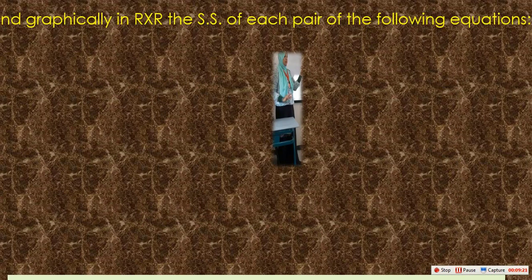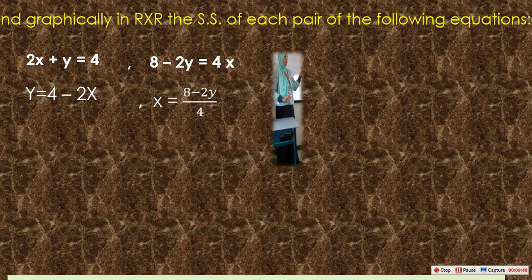Find graphically the solution set of each pair of the following equations. 2x plus y equals 4. 8 minus 2y equals 4x. We can write the first equation as y equals 4 minus 2x, and the second equation as x equals 8 minus 2y over 4.